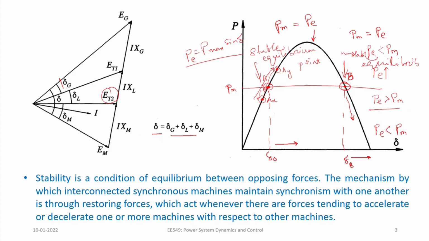In that condition, many machines sometimes form coherent groups, where two or three machines move together with respect to other machines. Sometimes one machine moves against all the rest of the system. We'll talk about that.